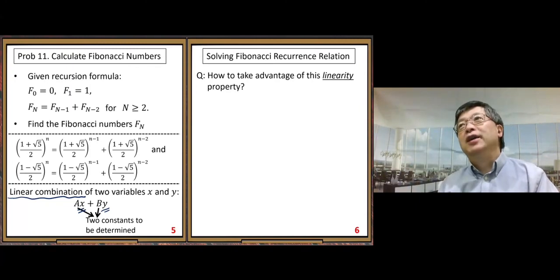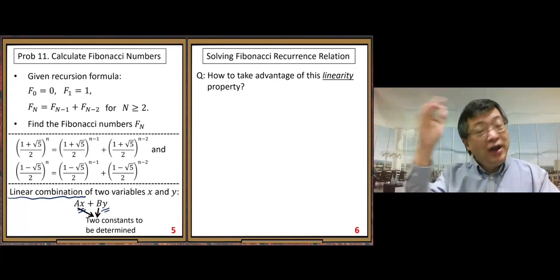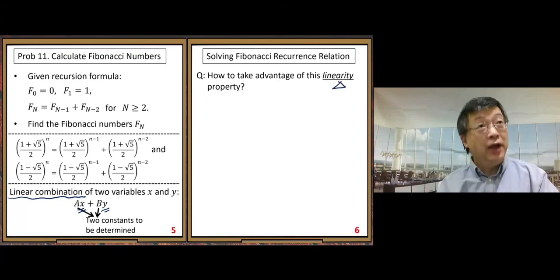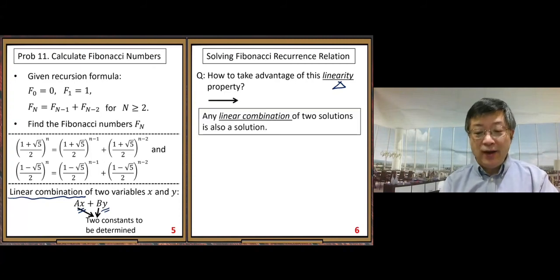So our equation is a linear equation, which means it has this linearity property. What is the linearity property? Let me explain.